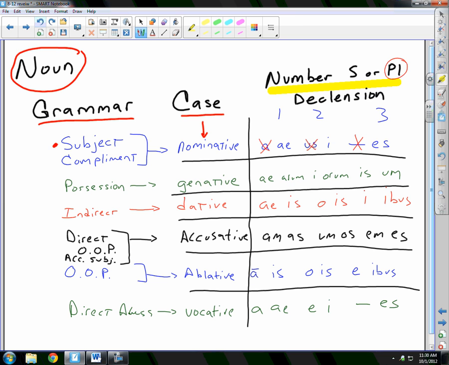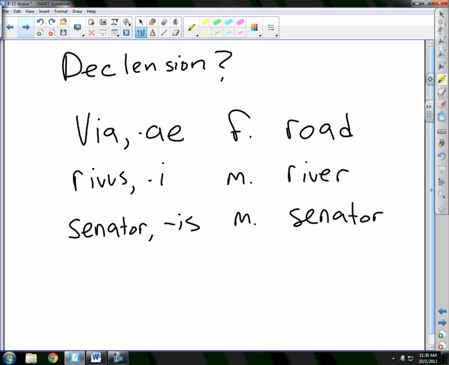That brings me to my next one. I have to determine what declension it's in. So how do I determine what declension the word is in? Well, let's look. If I look up in the back of the book, I have via, servus, and senator. Each one of them has a genitive singular listed with it.